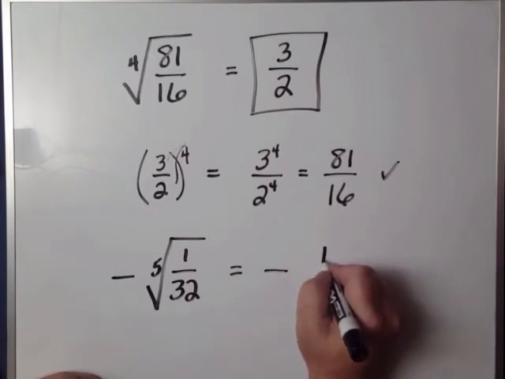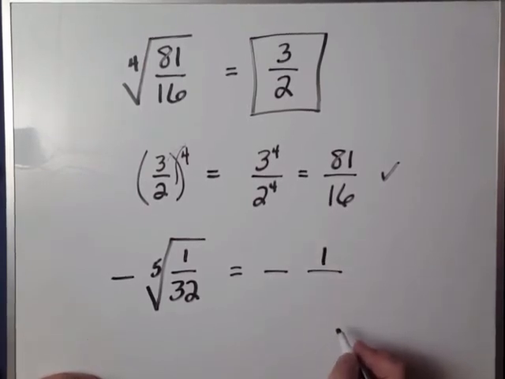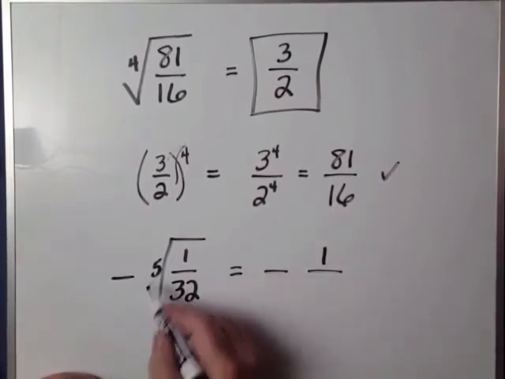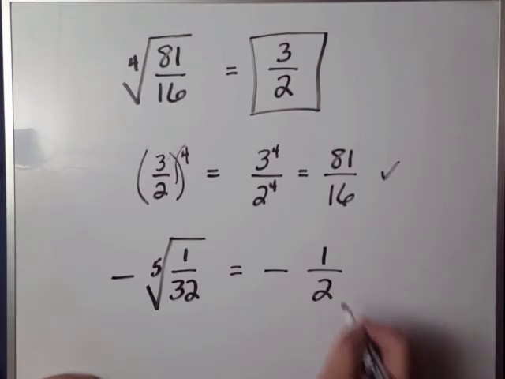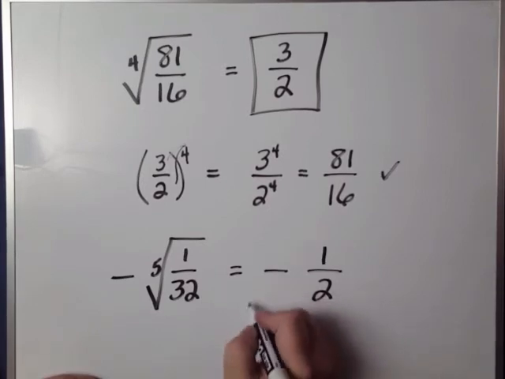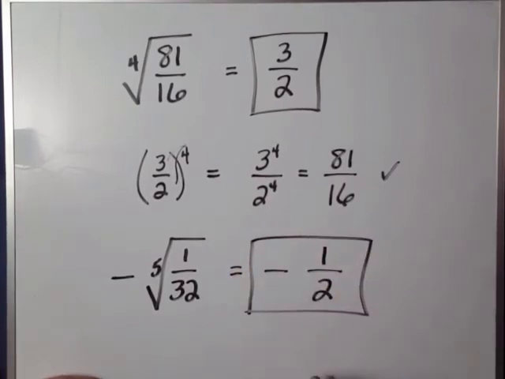Any root of 1 is 1. Square root of 1 is 1. Cube root of 1 is 1. And here the fifth root of 1 is 1. And the fifth root of 32, you should recognize 32 is the perfect fifth power of 2. That 2 to the fifth is 32. So my result here, negative 1/2.